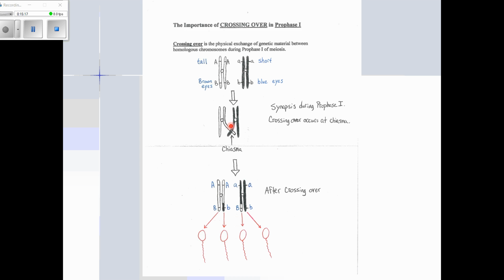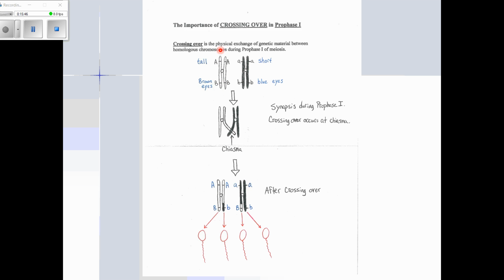And I'm only showing one crossover event between these two chromosomes. I'm only showing one place where the DNA breaks and swaps places. The reality is you would have multiple crossover events, maybe 20, maybe 100 swaps back and forth between these two chromosomes. And I'm only showing two genes.